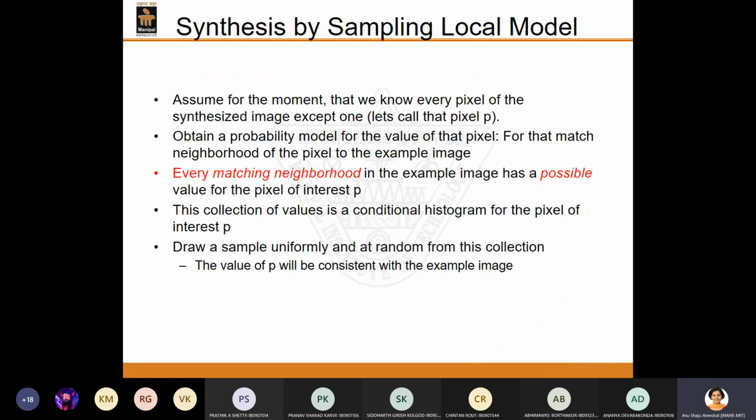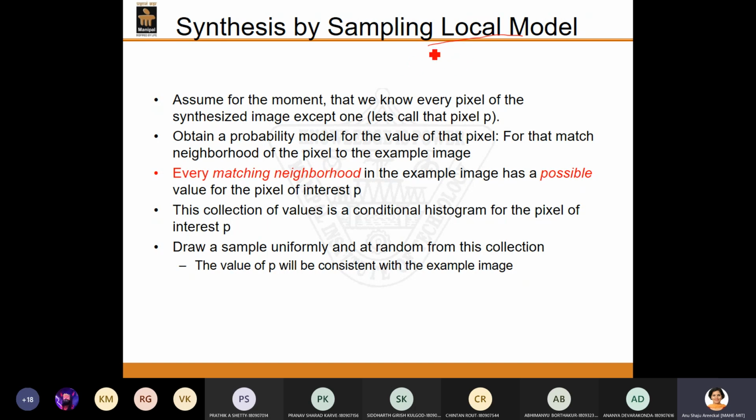We will be discussing one very simple texture synthesis method, which is called the sampling local model. As the name says, we just look at the local information, and we do a random sampling in order to ensure the variability is also in the image which is created.